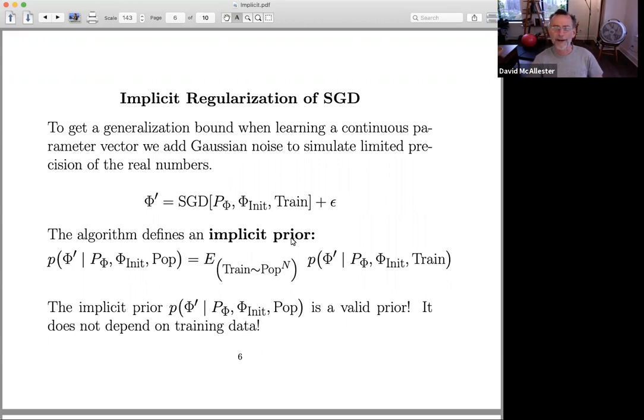Okay, implicit prior. So we're going to define a prior or a learning bias. In the Pac-Bayesian framework, you have this arbitrary prior probability where you're not assuming any truth to the prior. Given an algorithm like this, I'm going to define an implicit prior defined by the algorithm. It's really going to work for any algorithm.